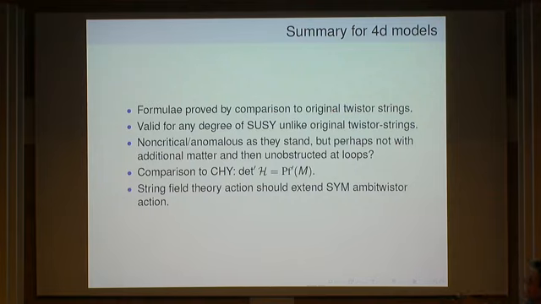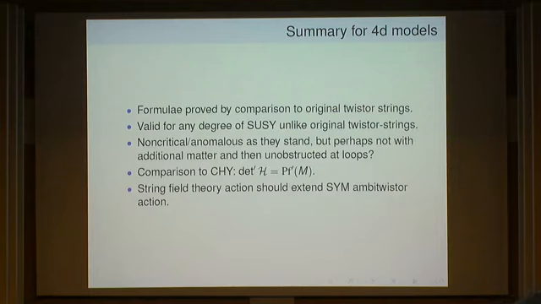This formula can be compared to the CHY formula. One of the curiosities is that you can see directly from the comparison between the Yang-Mills and the gravity formulae that this Hodge determinant here is the 4-dimensional reduction of the CHY Pfaffian with that MHV degree. And there should be some relationship between the string field theory actions for these ambitwistor strings and just a regular ambitwistor action.